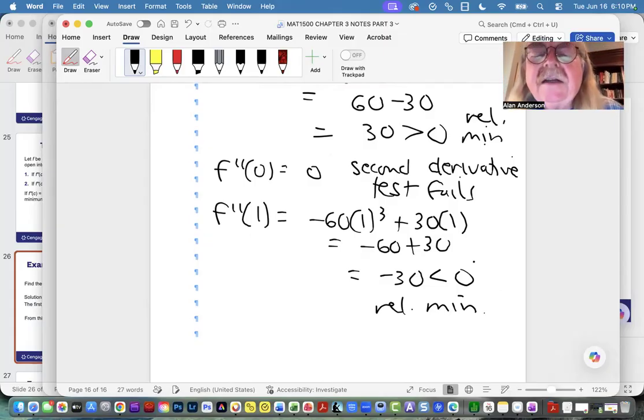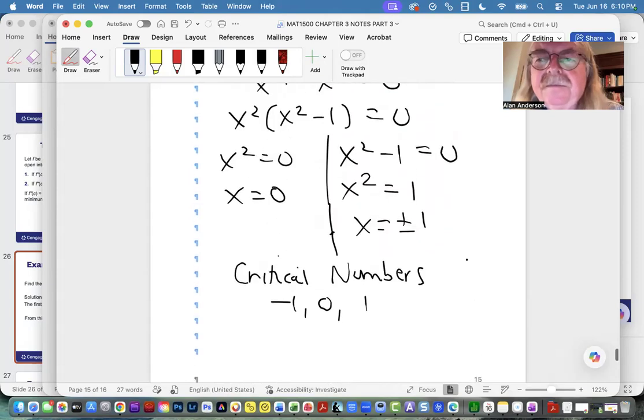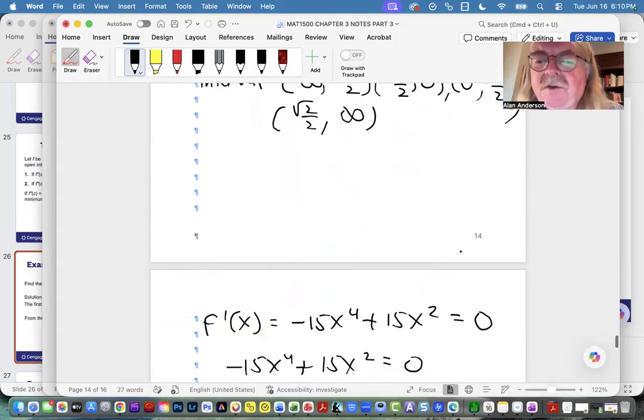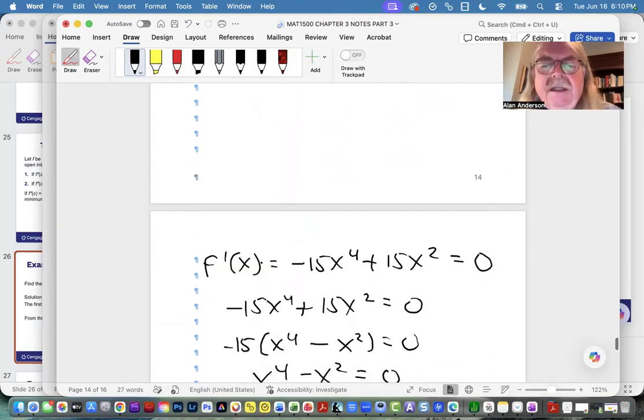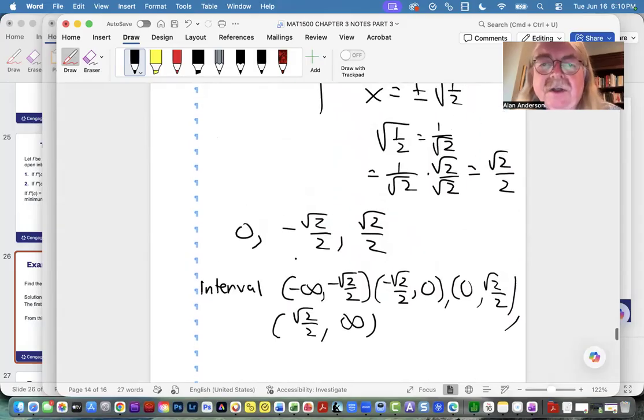Okay, so the second derivative test fails at 0. So that means what we have to do is go back to the original function. I'm sorry, not the original function, the first derivative, and check out its value on either side of zero.